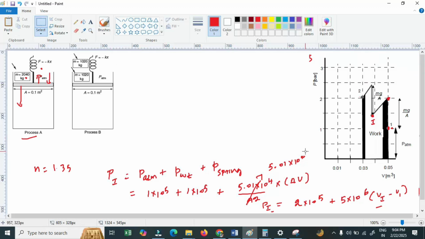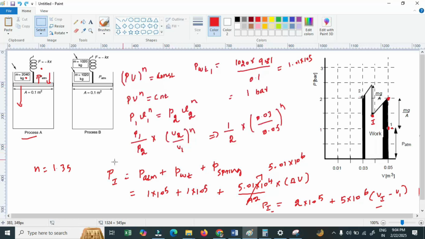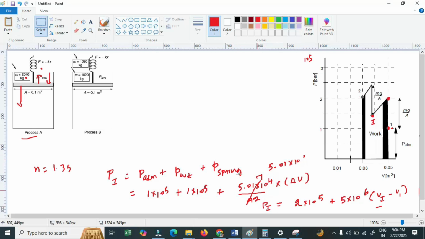I will take the previous step here. I know the n value, and this is the intermediate pressure.